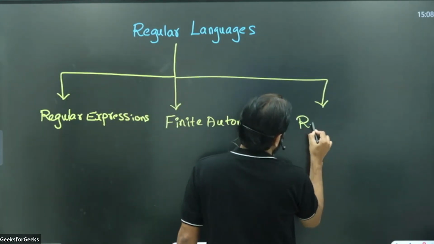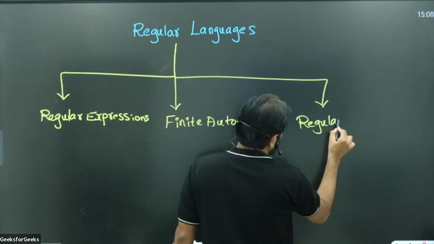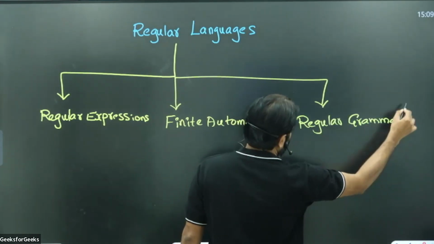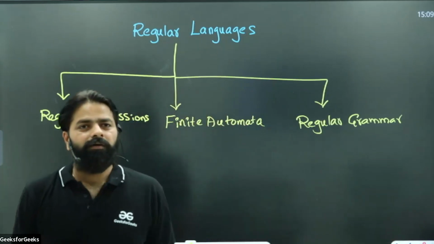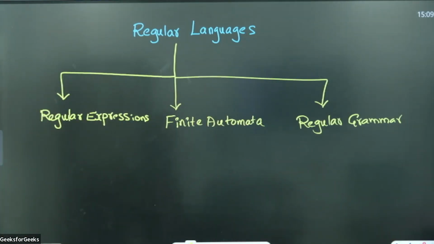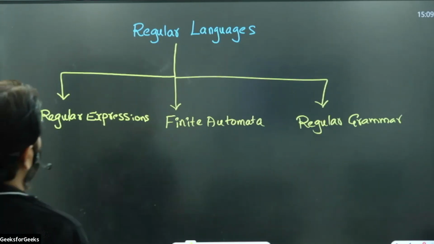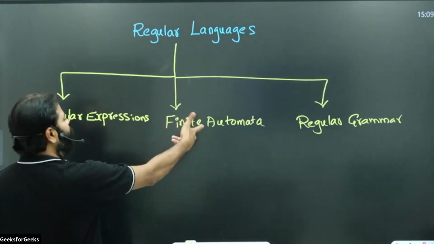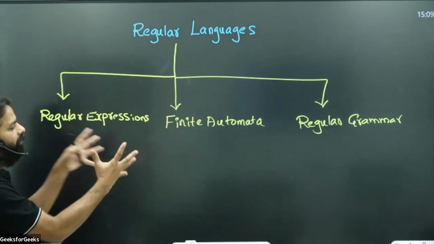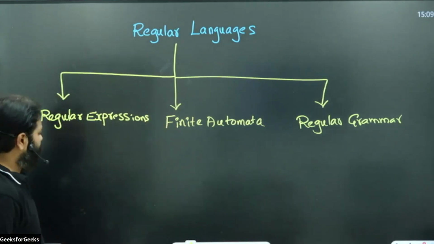The next model we will learn slowly, a grammar. One by one, what is the expression, what is the automata, what is the grammar? Slowly we'll get to know. I'm ready to start. The first model is called regular expression. Then why we use regular expression? Later we'll understand why we use each. Once we complete all three, we'll combine and compare all of them.